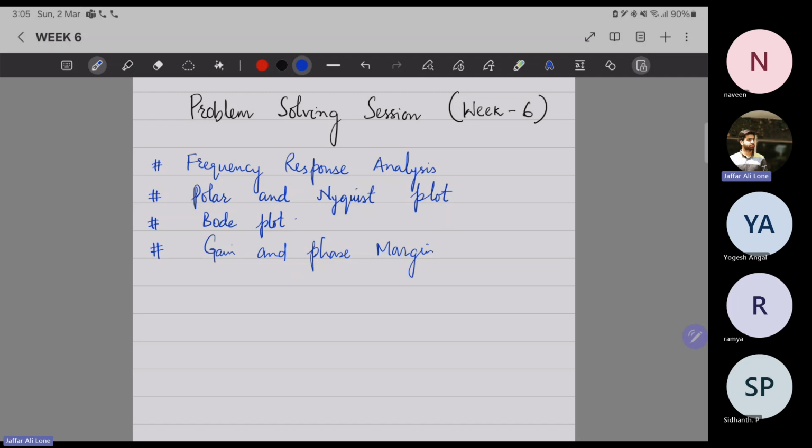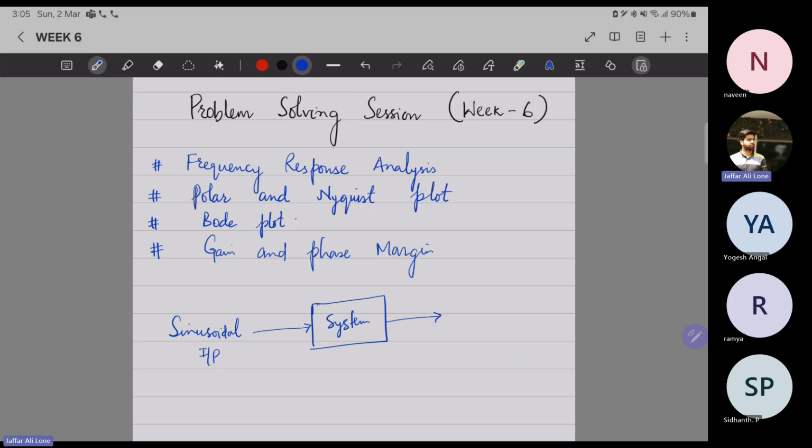Now, basically we were giving some input and checking the response of the system with respect to time. Today we will see the response with respect to frequency. If I have a system and I give an input, when we talk of frequency, maybe we are giving a sinusoidal input.